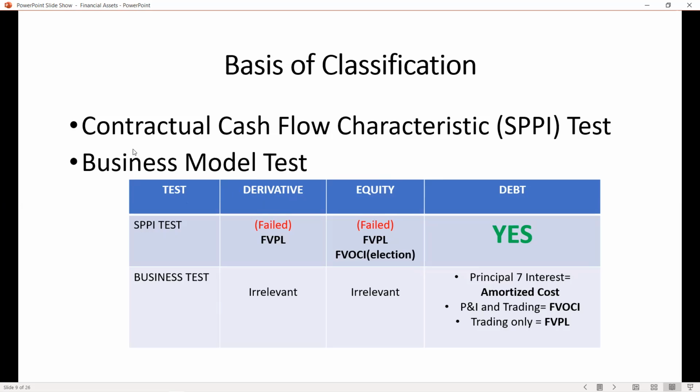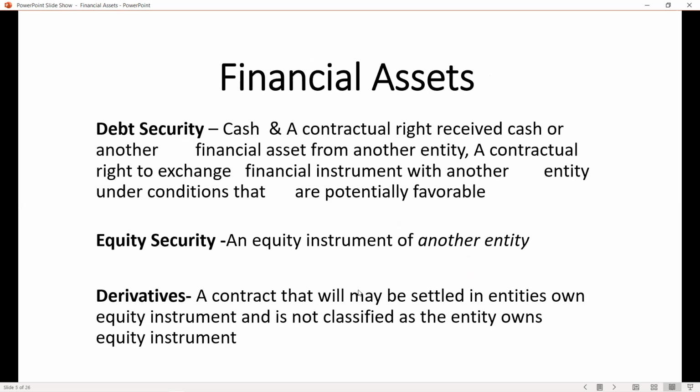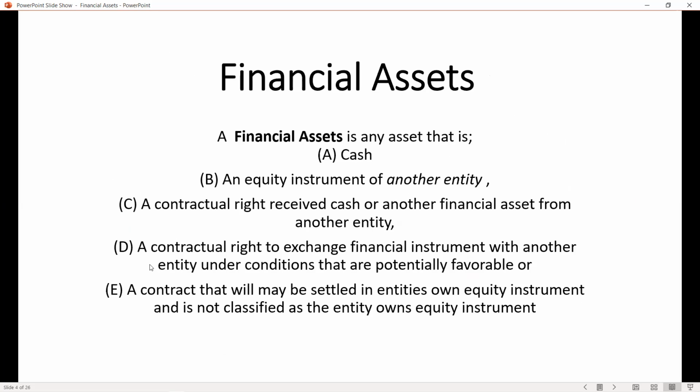So again, what is the purpose of the SPPI test? To identify if the financial asset meets the qualification that the only purpose is to collect principal and interest. Let's look at the derivative. What was the purpose of a derivative? Let's go back to the definition of a derivative: a contractual right to exchange financial instruments with another entity under conditions that are potentially favorable to us.